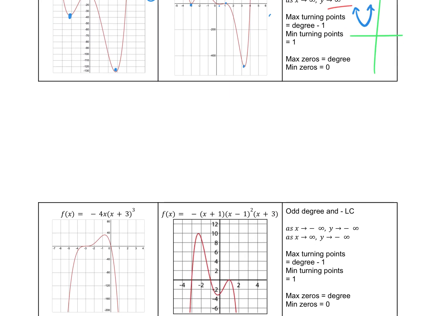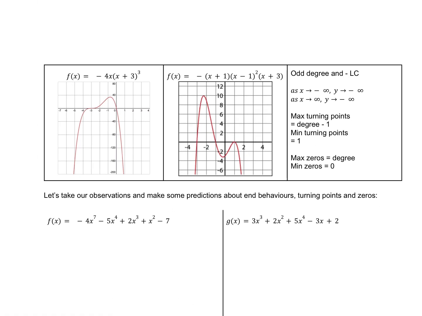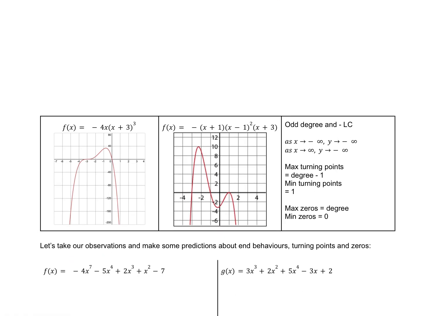Okay. And there's a typo here, my apologies, that should say even. If we have an even degree polynomial with a negative leading coefficient, we have downwards end behavior. So as x approaches negative or positive infinity, y is approaching negative infinity. And the turning points and zeros, same connection as the other one.